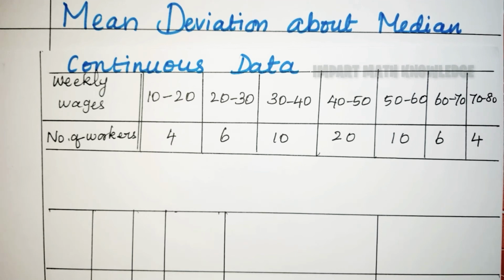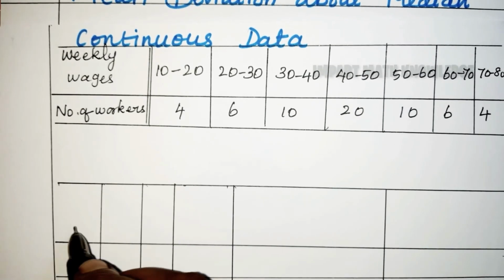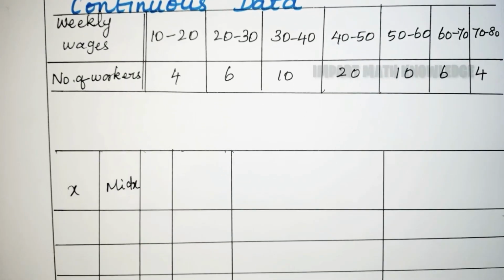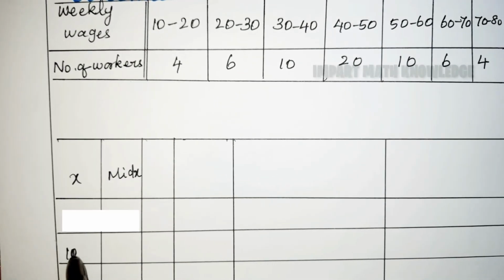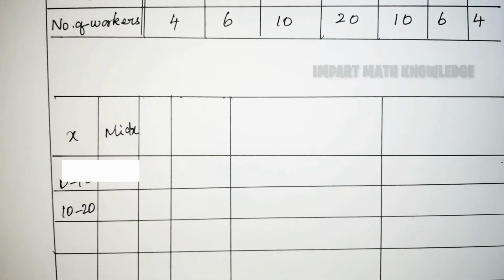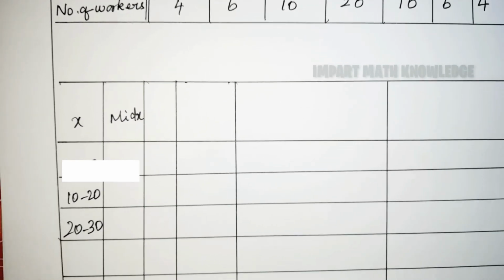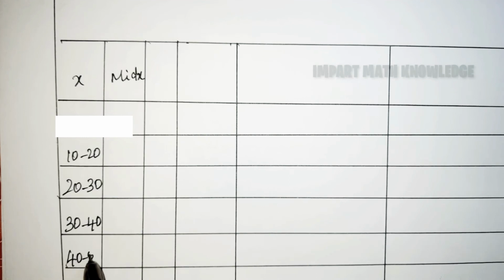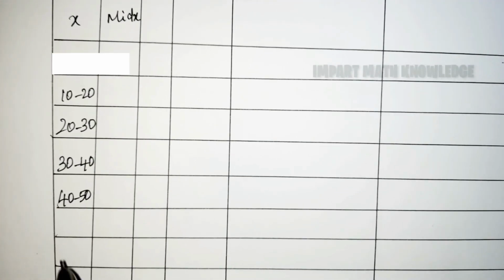Next one, continuous data. First we have to find median. The values are x, mid-x. X values are 10 to 20, 20 to 30, 30 to 40, 40 to 50, 50 to 60, 60 to 70, 70 to 80.